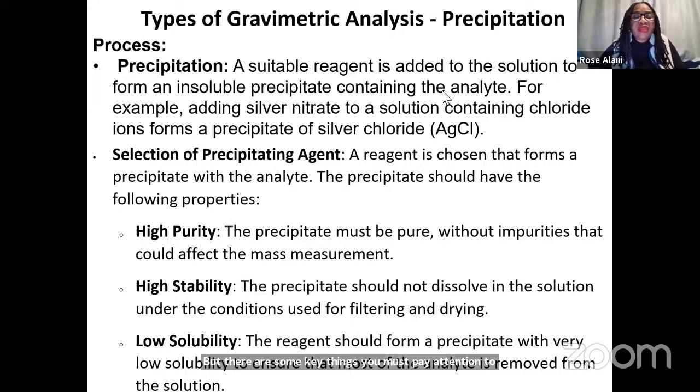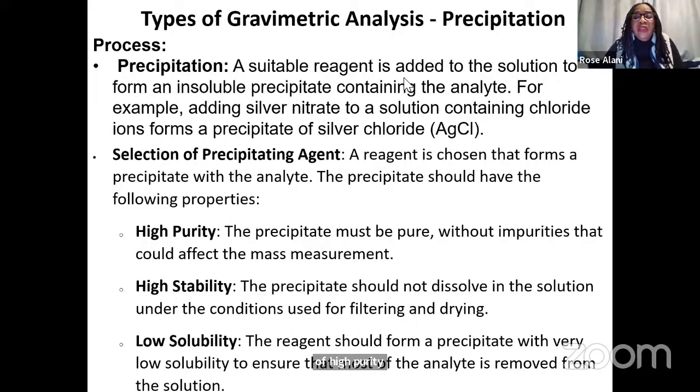And selecting your precipitating agent is very important. So you select the precipitating agent that will specifically isolate out the particular analytes that you need. And that precipitating agent itself must be of high purity.